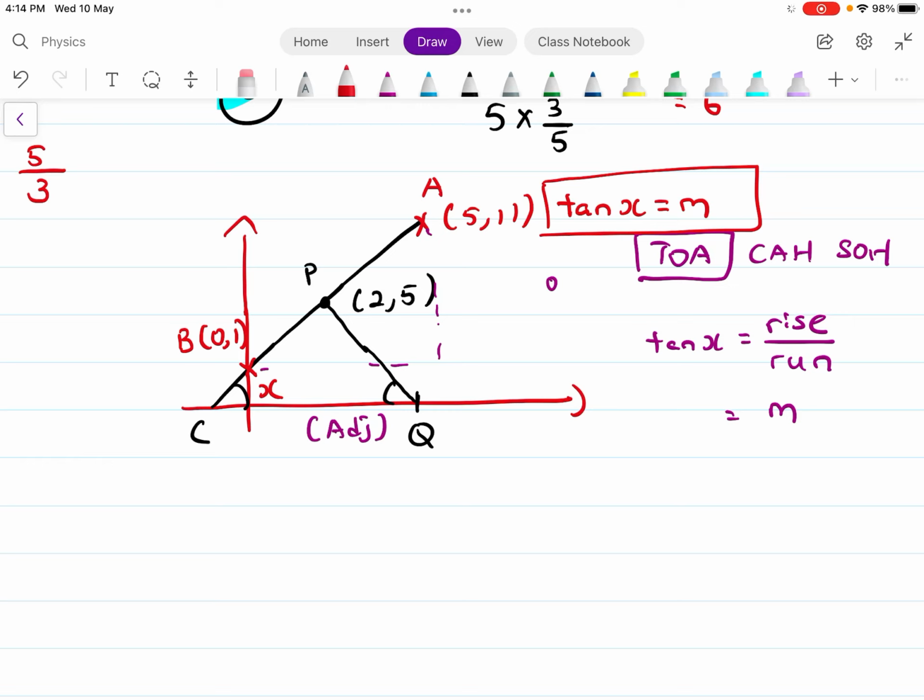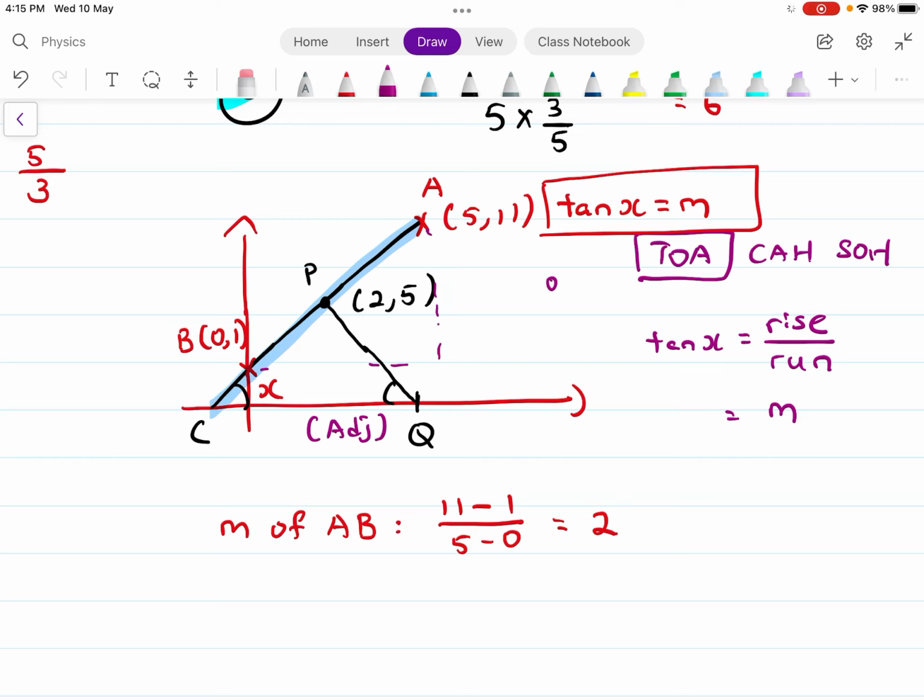First, find the gradient of AB. If you calculate correctly, 11 minus 1 over 5 minus 0 gives you positive 2. So the gradient is positive 2. Okay, so how do I find x?